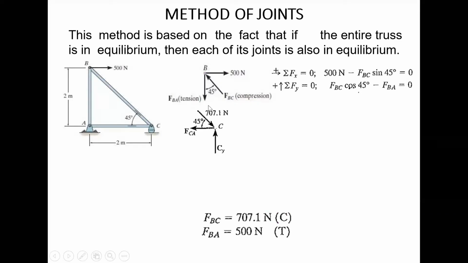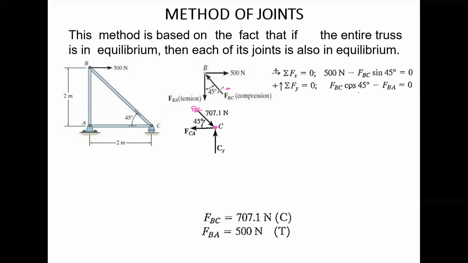Now let's draw the FBD of another joint. Here we have drawn the FBD of joint C, and you can see that the direction of FBC is now opposite to the direction of FBC we had taken in the previous joint B. Why are we taking the opposite direction?